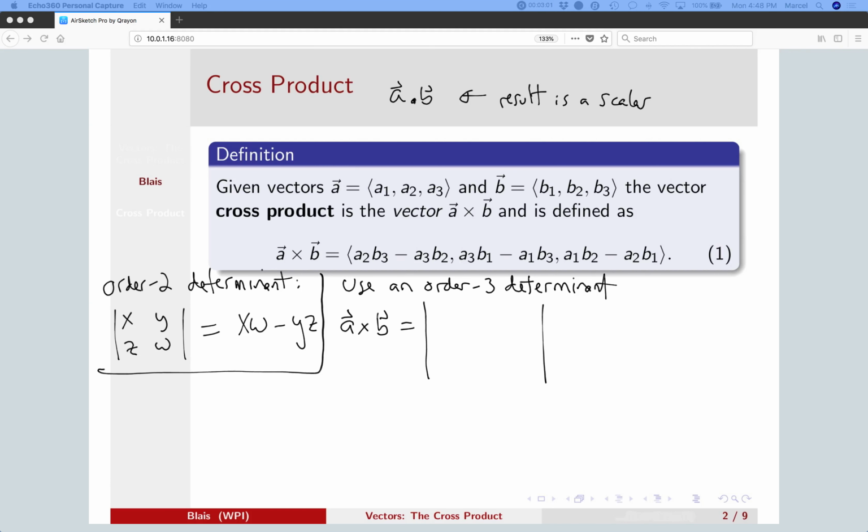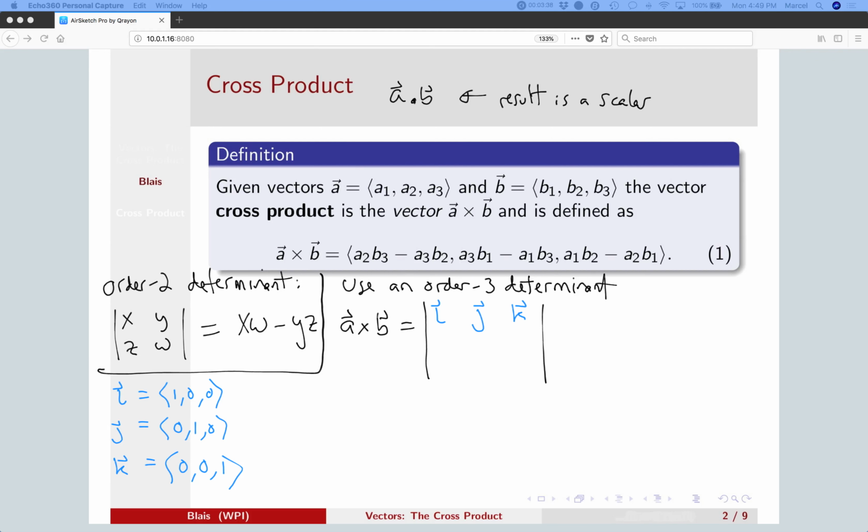The way you do it is in the top row, we're going to put vectors I, J, K. And remember what those vectors are. I is the vector 1, 0, 0. J is the vector 0, 1, 0. And K is the vector 0, 0, 1. So these are our three standard unit vectors in three-dimensional space.